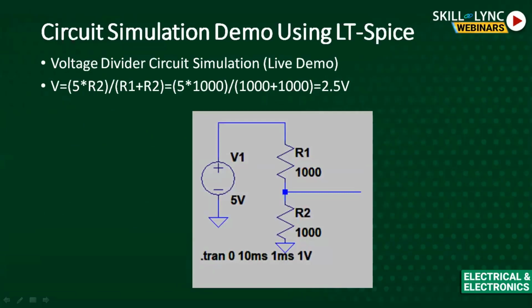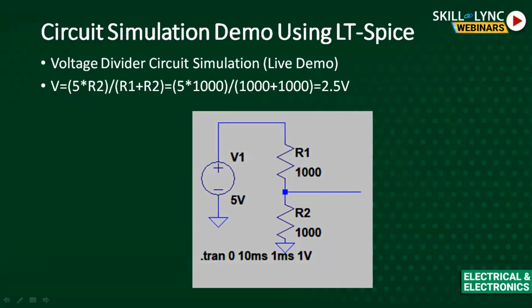Just to give you an idea of how the tool looks, I created a very simple circuit called a voltage divider circuit. There are three ways in which you can verify the design of any hardware circuit. One is by knowing the theory.